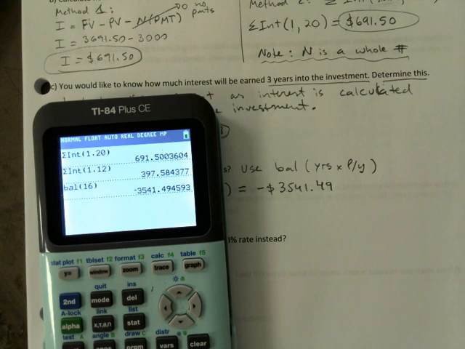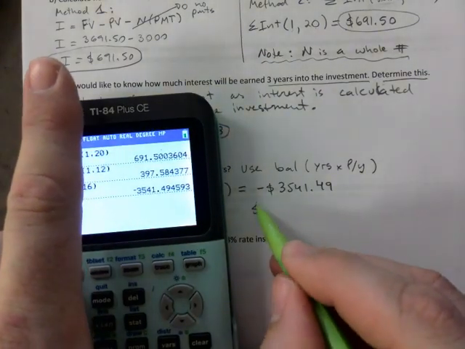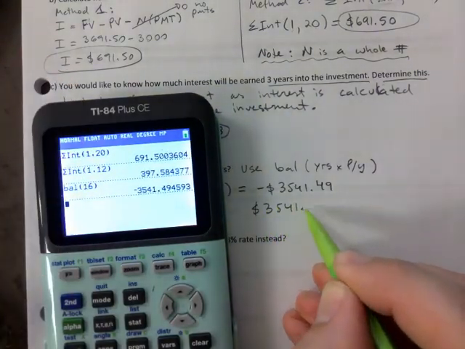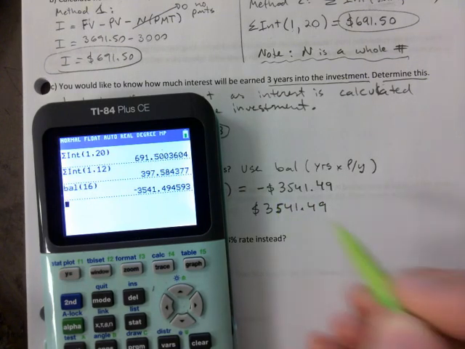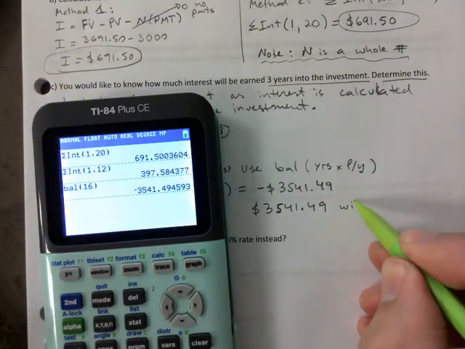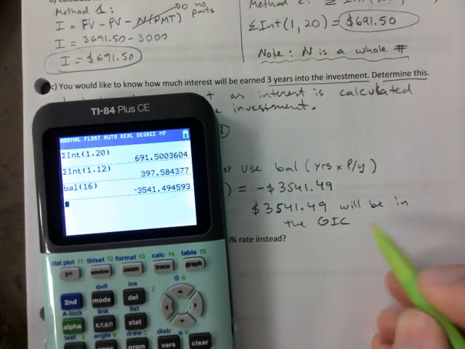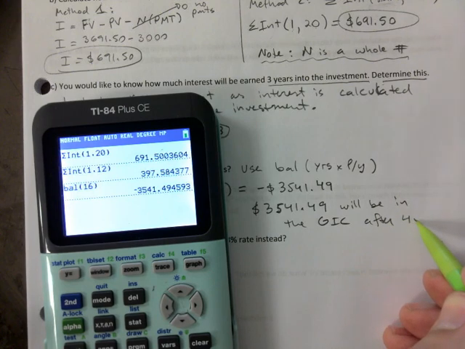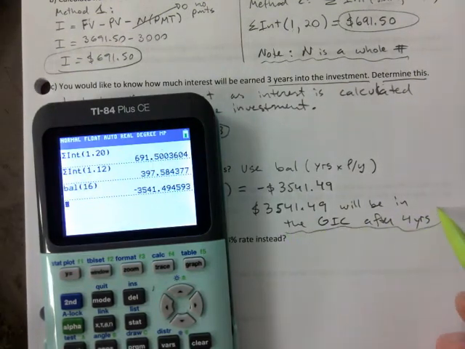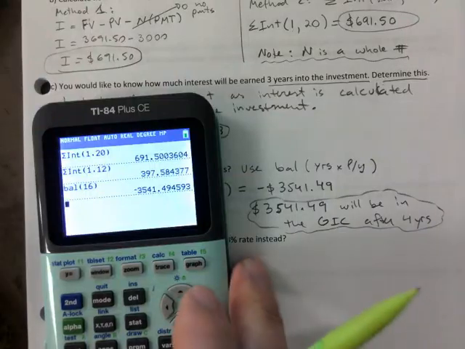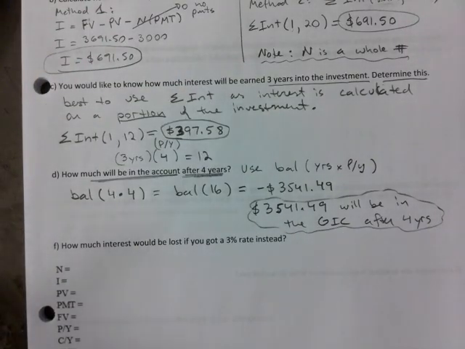Because this money isn't with you, it's in the bank, correct? You have that much in the bank, so technically it's not with you, it's with them. So don't get worried about the negative. It's okay. That will be in the GIC after 4 years. So if you're wondering how much money I will have after 4 years, that is the money. Maybe I should have done millions of dollars, so it would have been a bit more like, whoa, that's a lot of money, right?